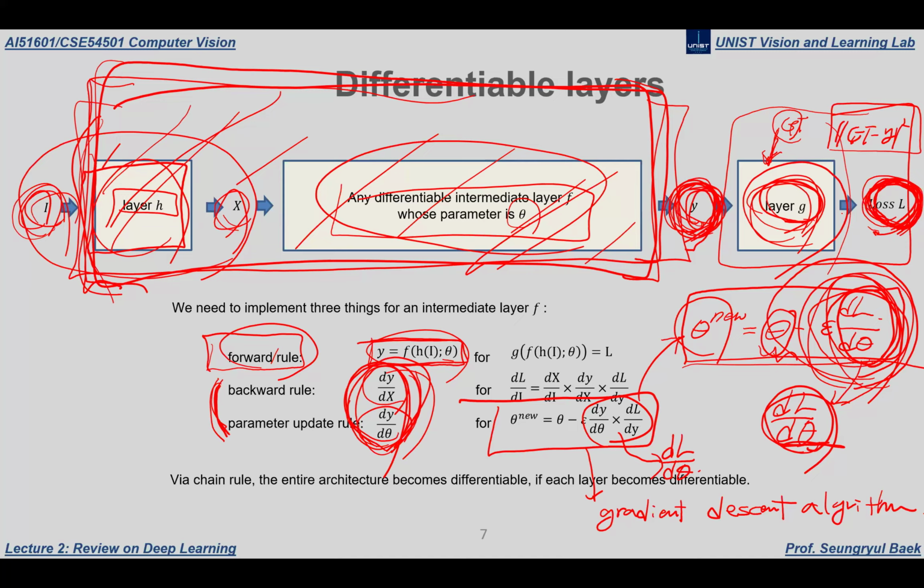If we interpret the last part as a layer, the good thing is that the loss L can be calculated from the intermediate parameter vectors of all the layers.